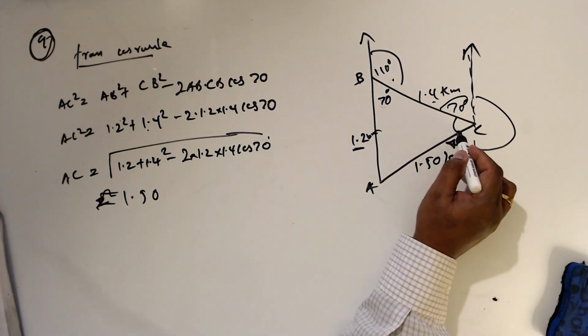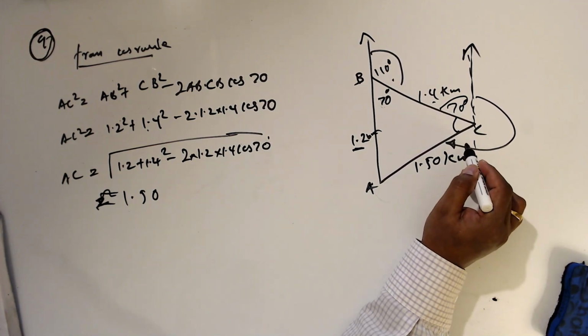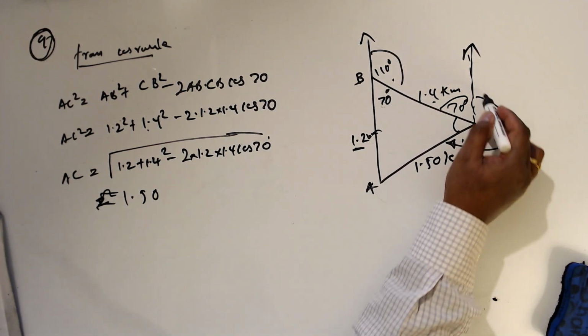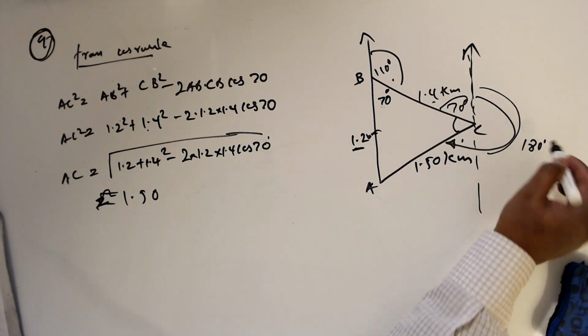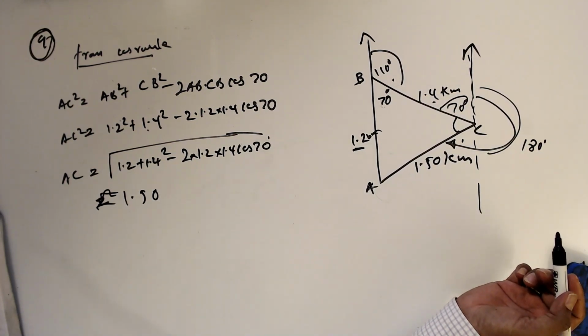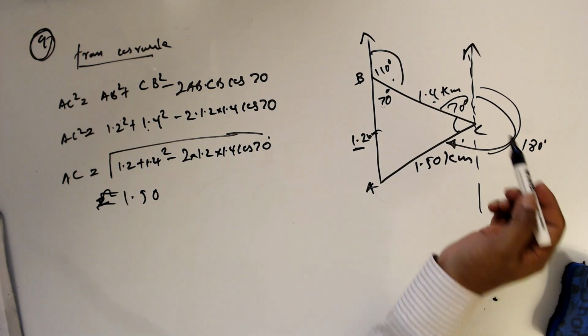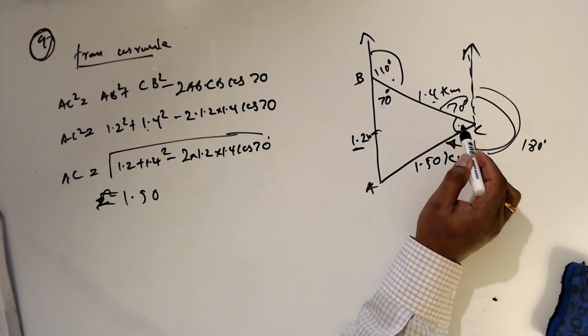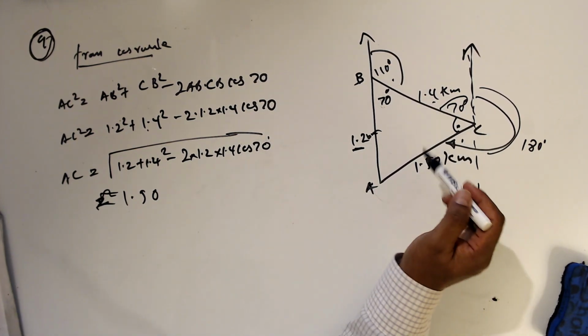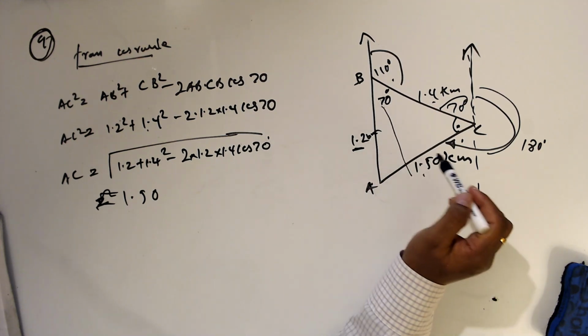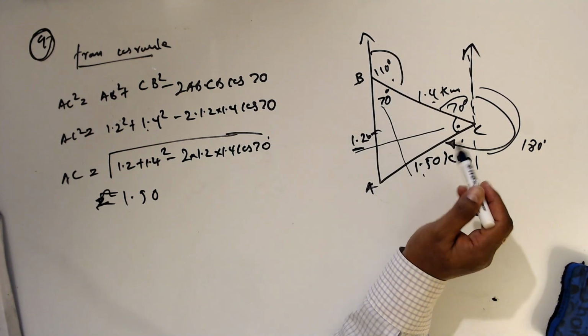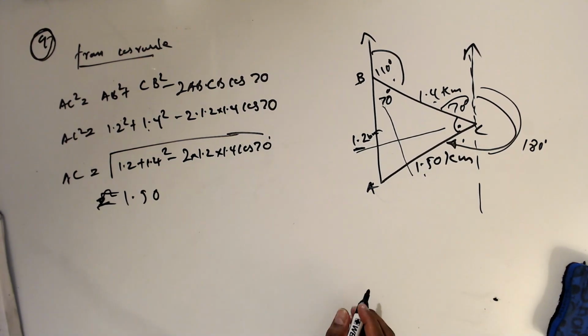If I know this angle, then 180 minus this one, I can find this one, then I can add 180 to it. So now I need to find this angle, this one, with the sine rule. From sine rule I can find this angle.